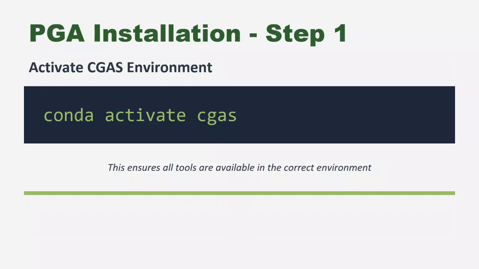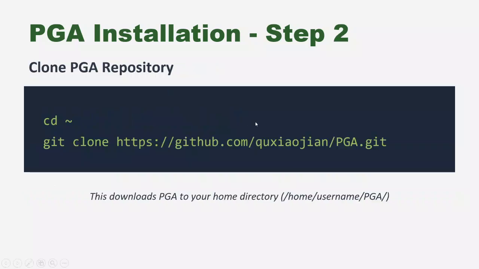First step is the installation of PGA. For this, we will activate the CGAS conda environment. We will give the command conda activate CGAS. After that, we will go to the home directory and we will clone PGA from GitHub.